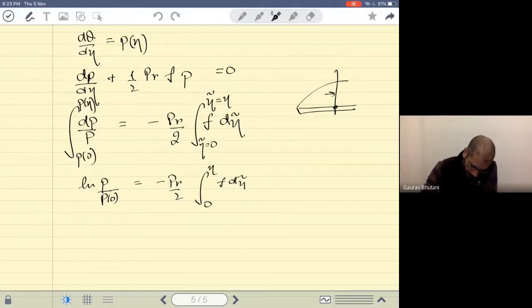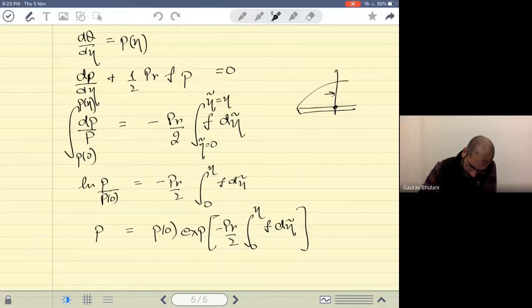So I can take the exponential on both sides. So p becomes p naught times the exponential of this whole expression.